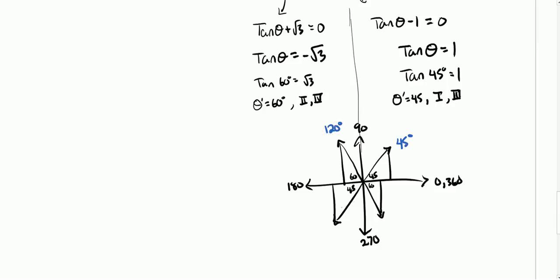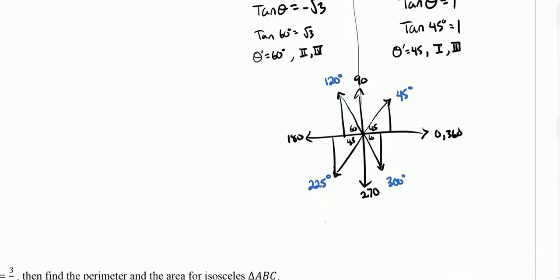In quadrant 3, we're 180 plus 45, which is 225 degrees. And in quadrant 4, we're 360 minus 60, so at 300 degrees. And so our answer is theta is 45, 120, 225, and 300 degrees.